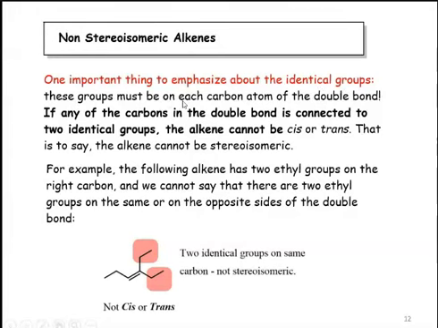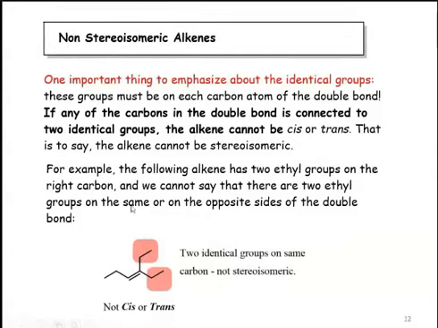These groups must be on each carbon atom of the double bond. If any of the carbons in the double bond is connected to two identical groups, here you can see two identical groups, then the alkene cannot be cis or trans. That is to say, the alkene cannot be stereoisomeric.